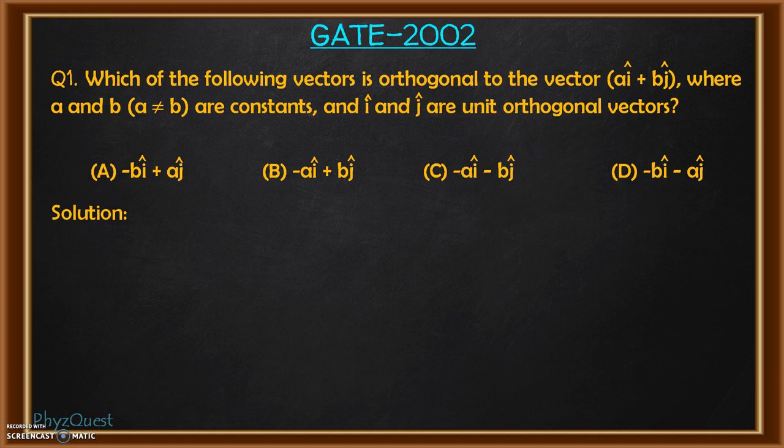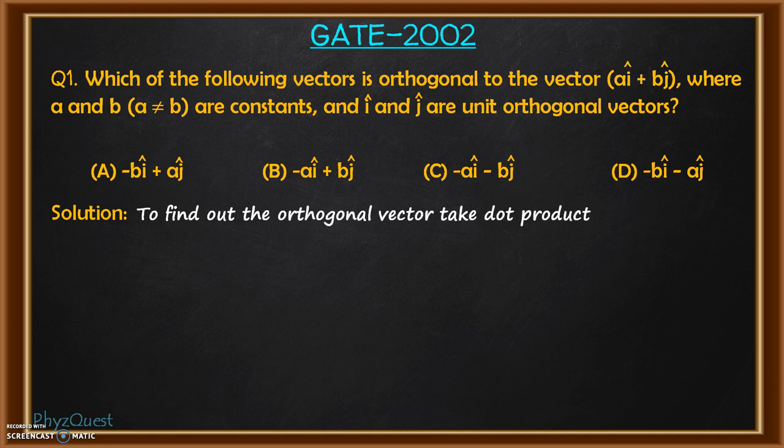The simplest way is to take the dot product of the given vector with all of the options, and whichever goes to 0 will give the correct answer, because orthogonal means that when the given vector is multiplied with another vector, the dot product of the two vectors should be 0. So we will take the dot product of this given vector with each option, and whichever gives 0 will be the correct option.